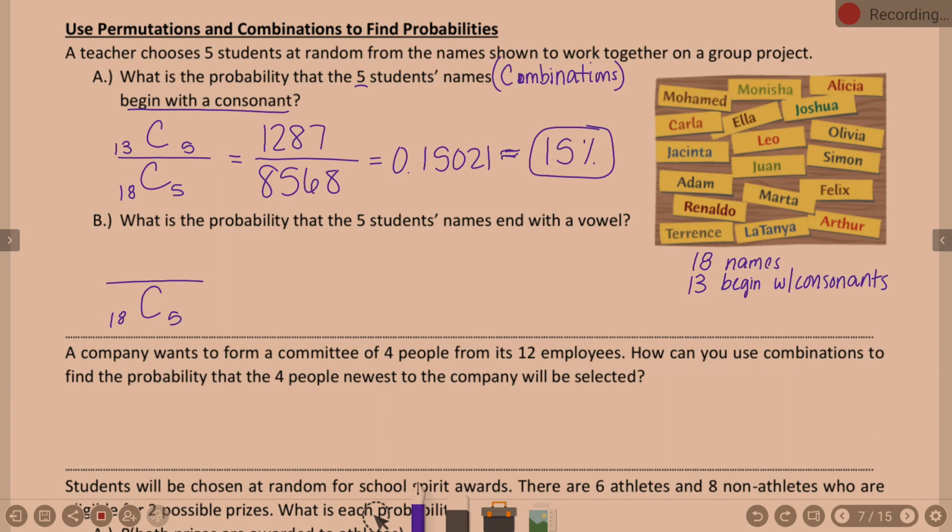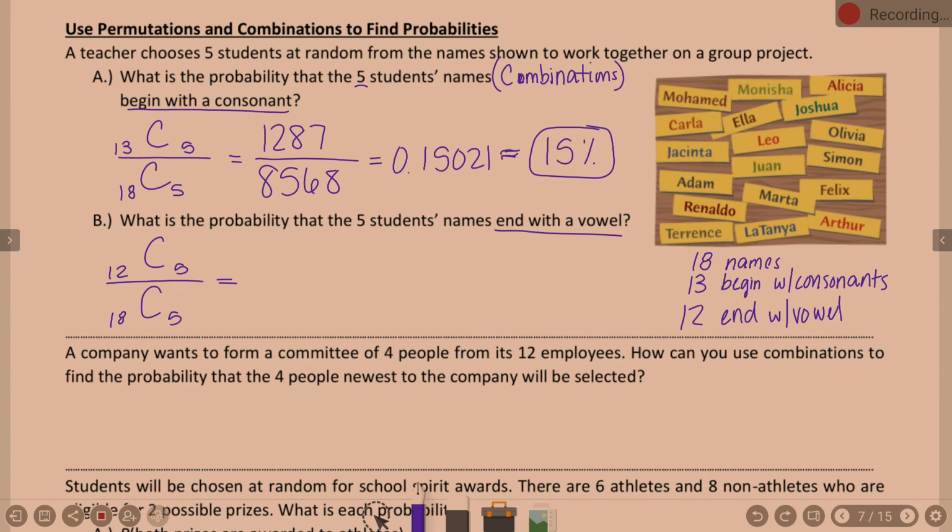On top, we never counted, did we? I'm hearing 12 end with a vowel. So, if 12 end with a vowel, that means on top you're picking from 12 students, not arrange, to choose 5 at a time.